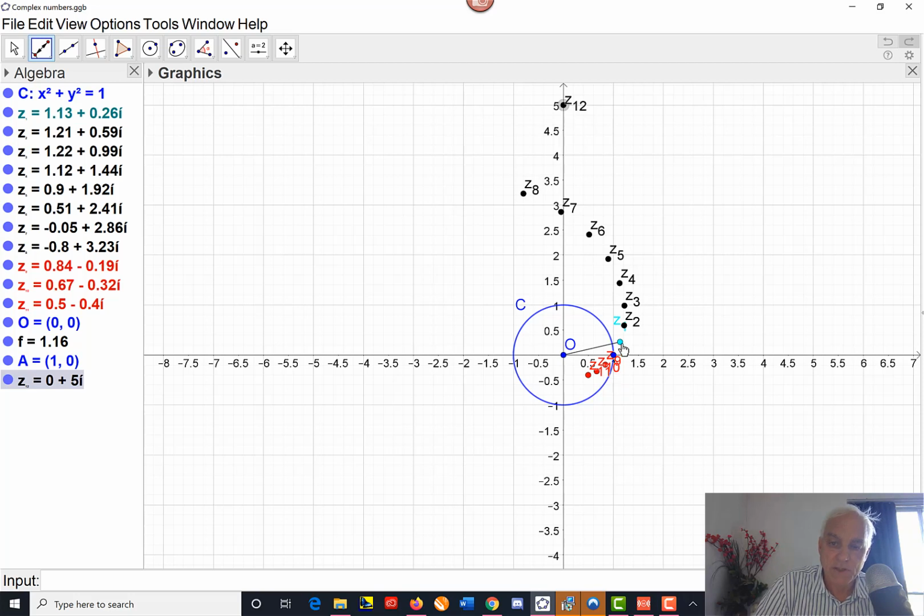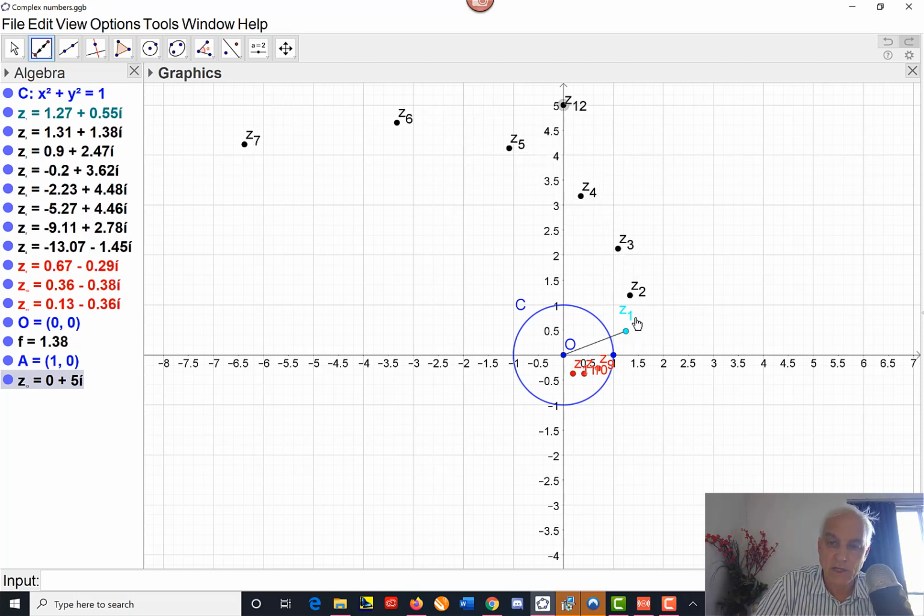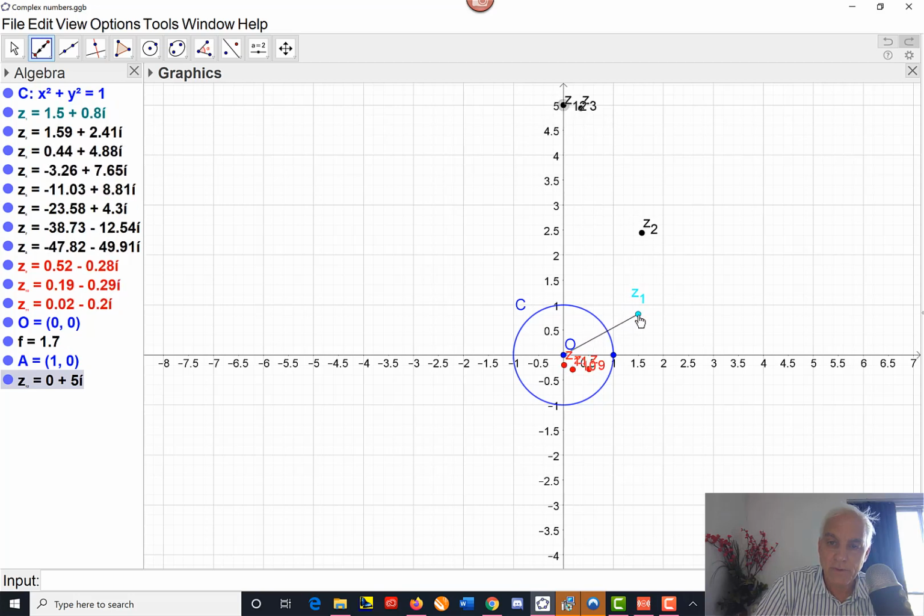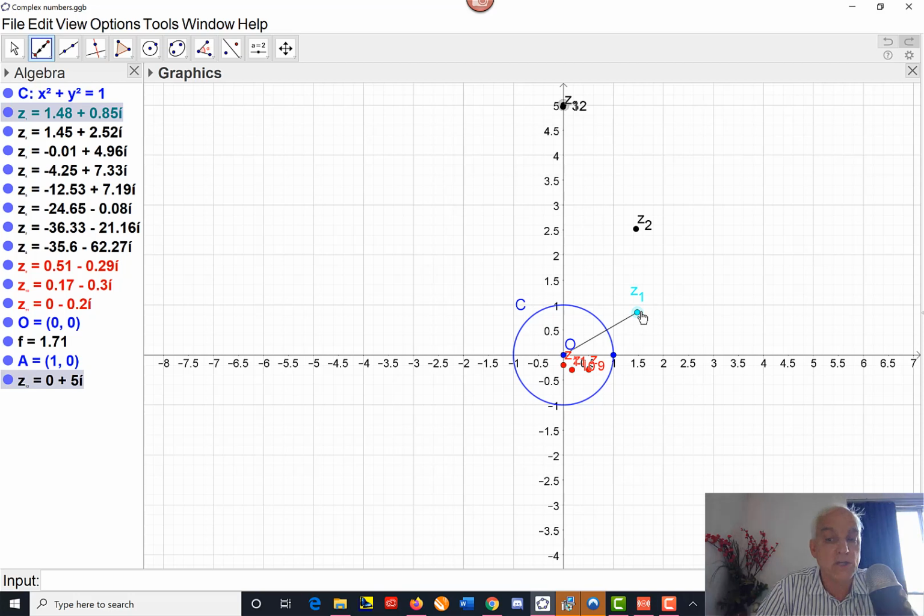Let's see if we can just do that on the page here. Okay, I'm getting pretty close. It's not hard to do it exactly. Okay, not bad. So here's a value of z, for which here is z squared, and here is z cubed. So this would be one, at least approximate solution to the equation z cubed equals 5i.